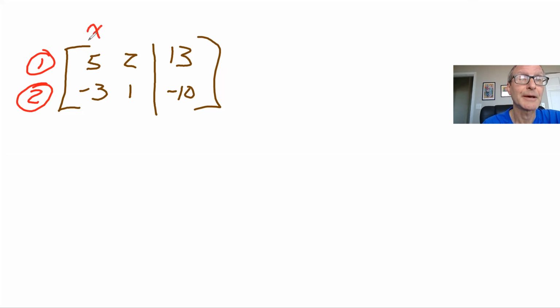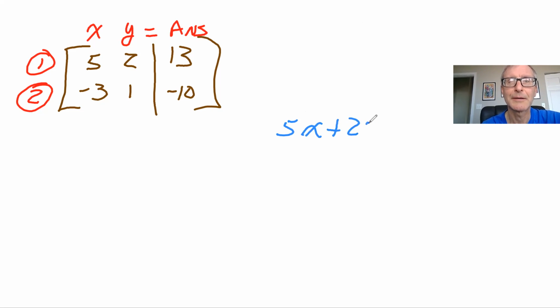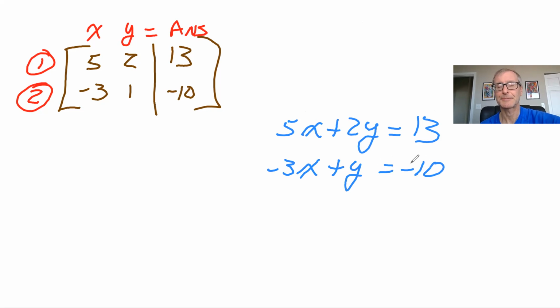And then this would be X, this would be Y, this would be equal, and then this would be the answer. And so when you generate these, first equation would be 5X plus 2Y equals 13. And the second one is minus 3X plus Y equals minus 10.